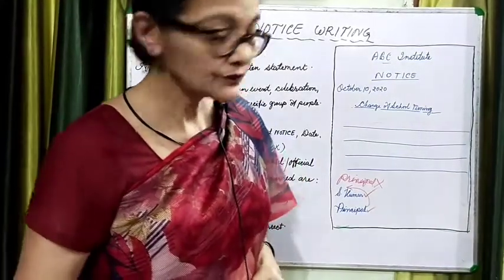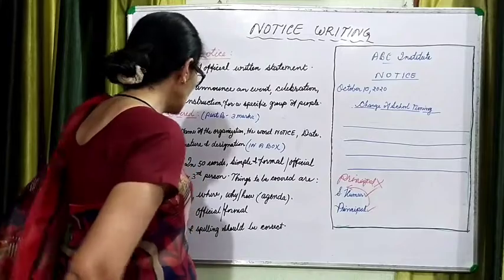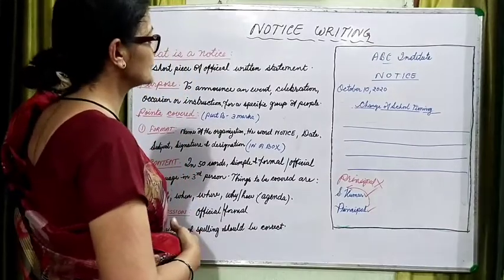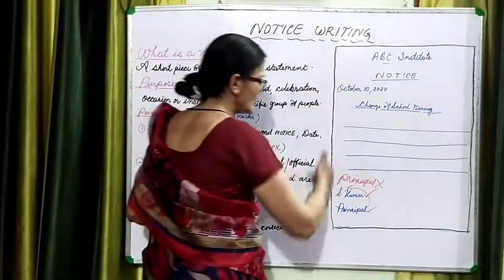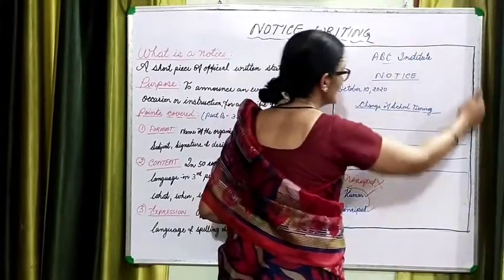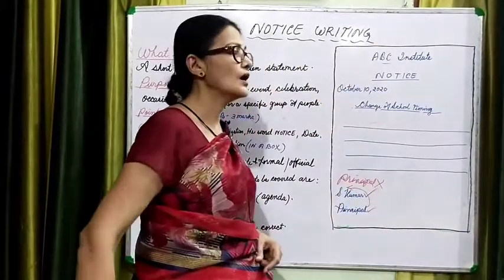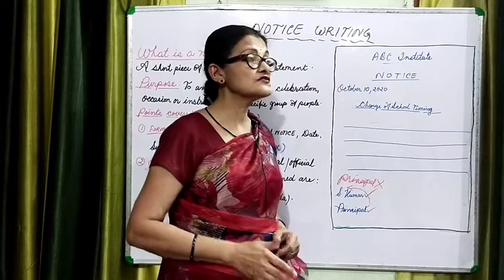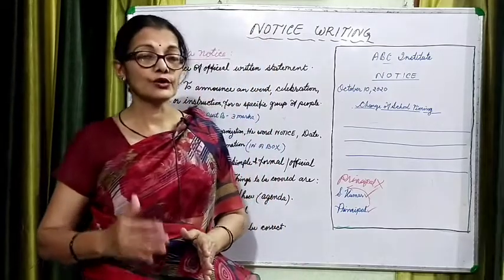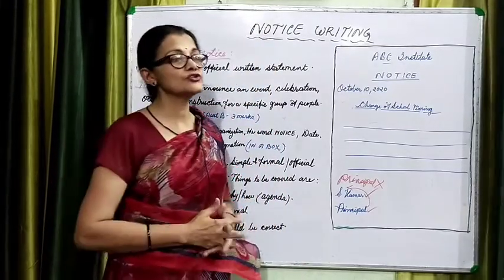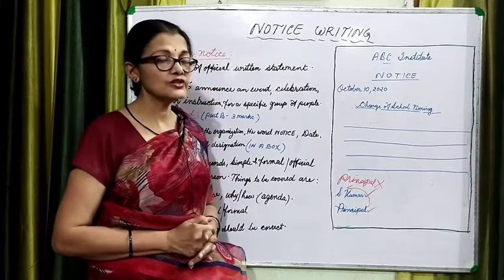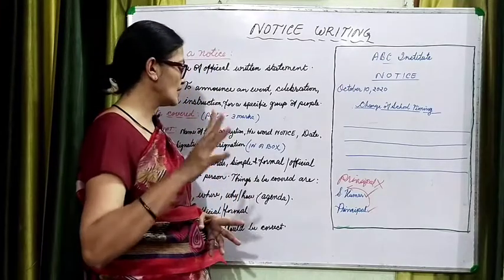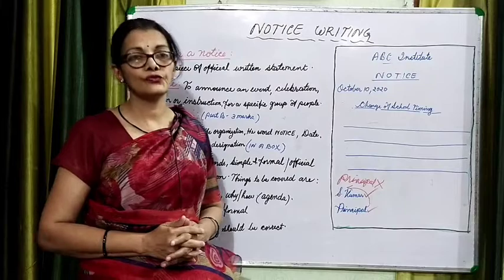I think all the things are covered already. And don't forget to draw a box around the notice, because the box has to be drawn for all the questions which carry 3 marks. Initially it was 4 marks.